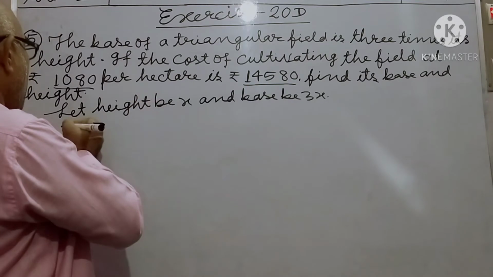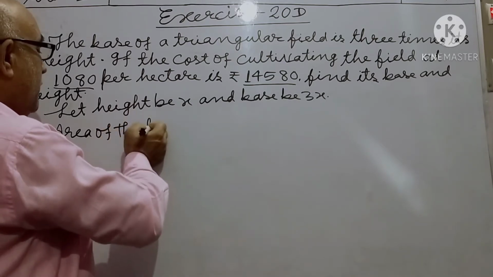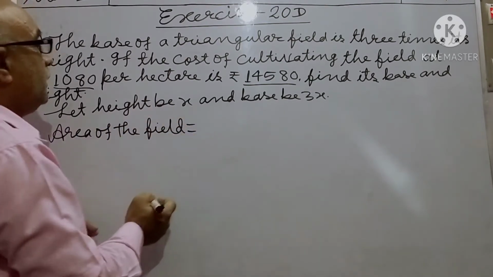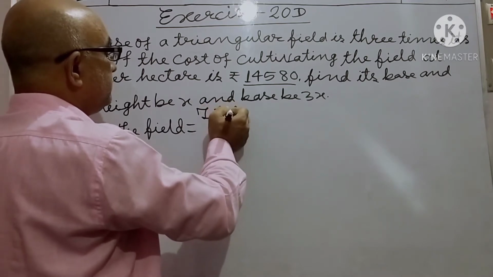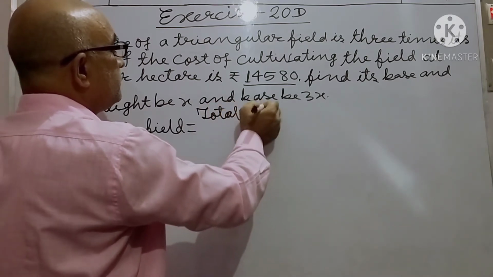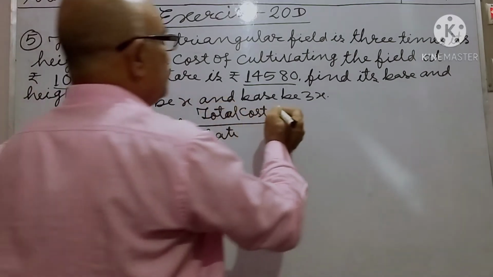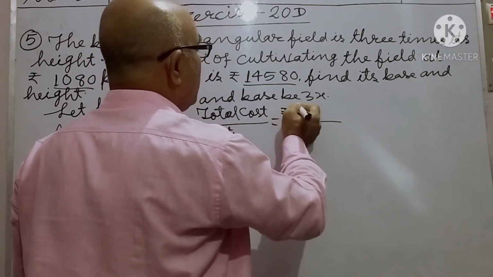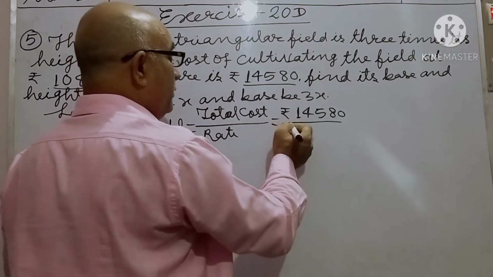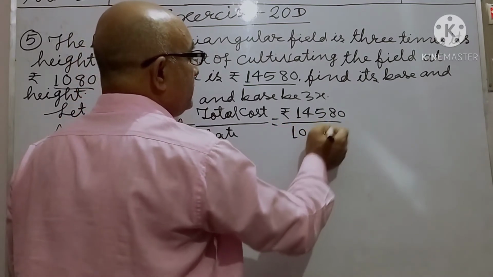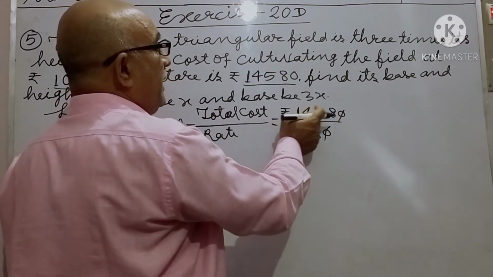Find area of the field equal to total cost by rate of cultivation, that is, rupees 14,580 by 1,080. 0 to 0 cancel. 1,458. 4, 1 plus 4, 5, 5 plus 5, 10 plus 8.